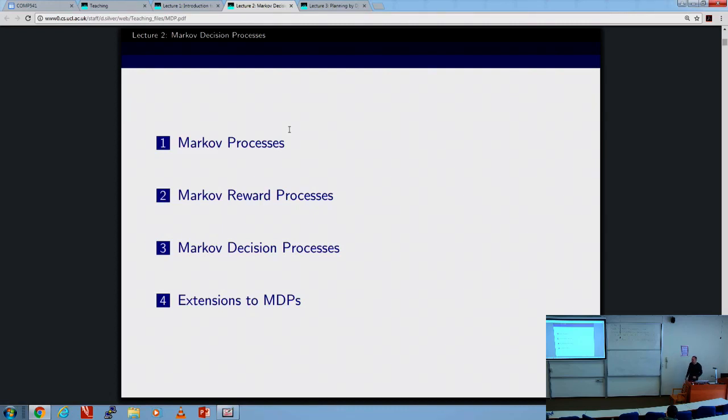Okay, I'll get started. So last lecture we introduced some very basic concepts about reinforcement learning, like actions, observations, and rewards, and history, which is based on the sequence of these things.